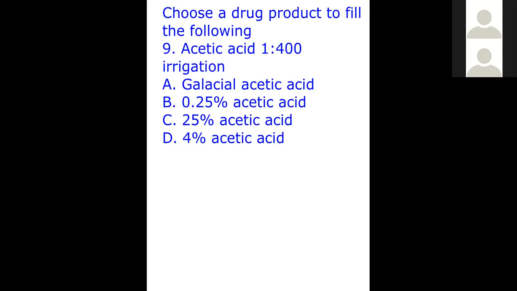So the first thing we have to do is figure out how many is in 100. Okay, so if our ratio is 1 to 400, so we're going to put 1 to 400, and we're going to set that equal to x over 100, because we want to remember that our percentage means x grams over 100.